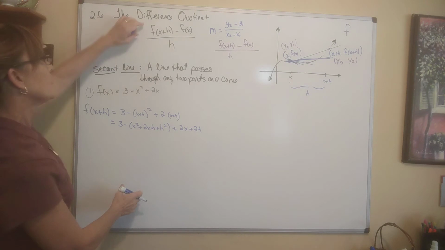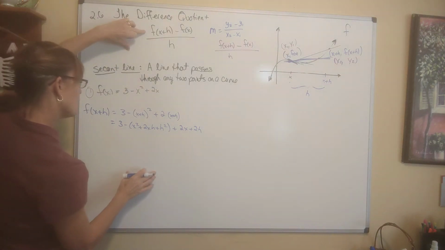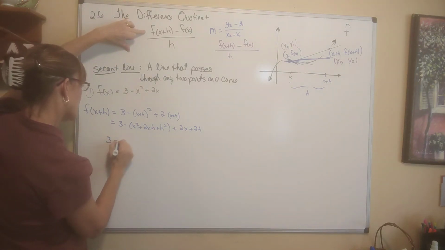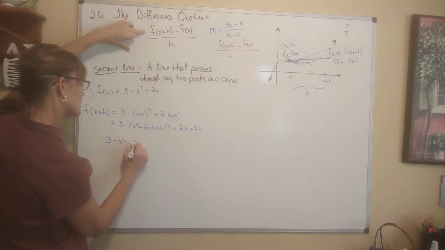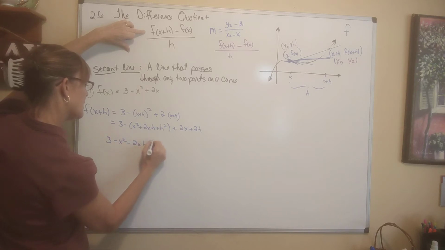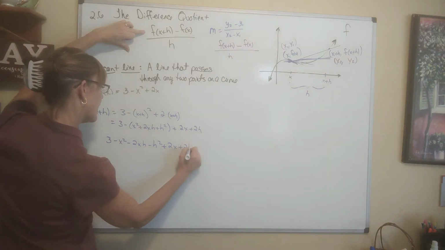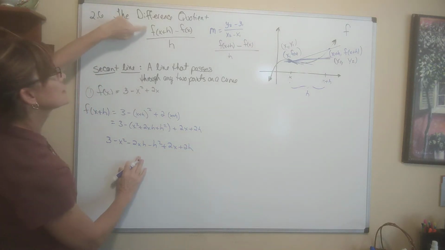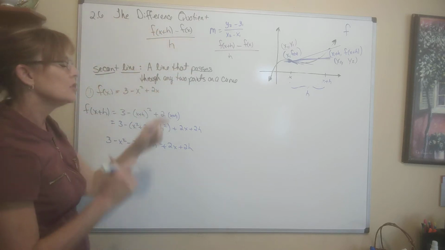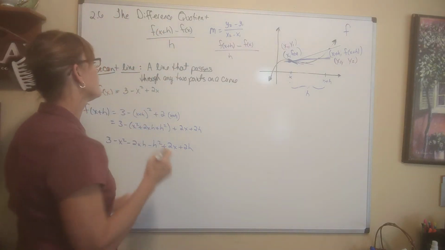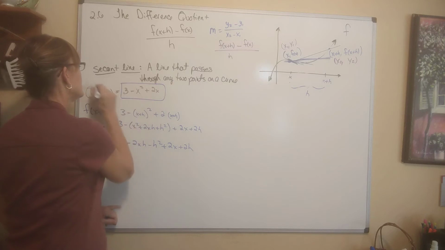So now I'm about ready to put this together. F of x plus h is going to be 3 minus x squared minus 2xh minus h squared plus 2x plus 2h. All of this in the blue is this right here. What is f of x? You don't ever have to go figure out what f of x is. This is always given to you.